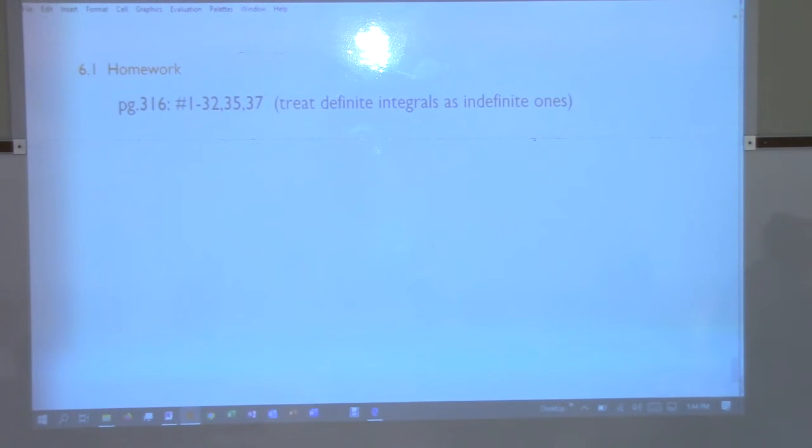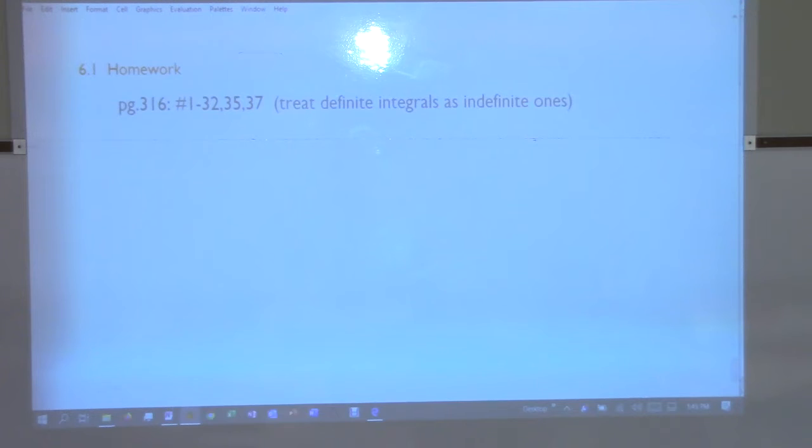All right, let me tell you about the next section, 6.2. 6.2 has two different concepts in it. Trig integrals is the first concept, and the second concept is trigonometric substitutions.